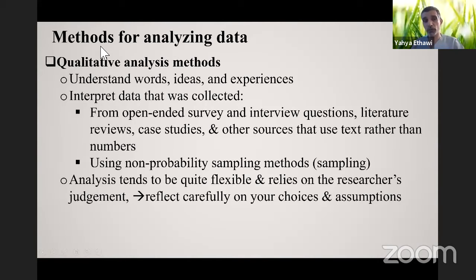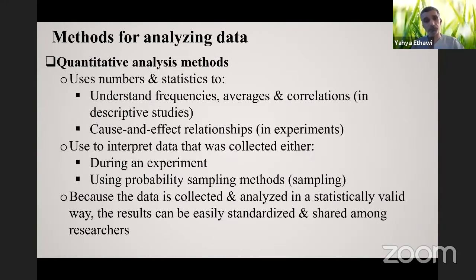So remember, when you do analysis of qualitative data, these are the areas to look at. When you do quantitative, it's numbers, so you can do tests. You can know the frequency, the average, the correlation. You can study the cause and effect relation.